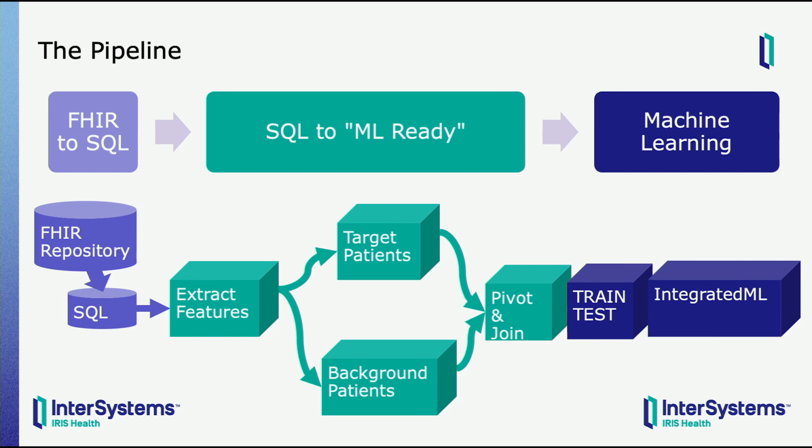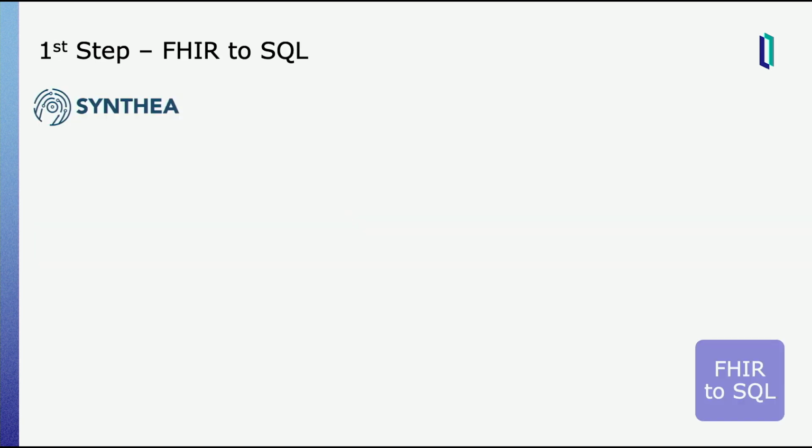And then once it's pivoted and joined into one format, you can split it into training and test subsets, which is a critical part of machine learning. We do that all within the database. And then run IntegratedML, with which you train a model, and then you can use the model, but it's all driven in the pipeline. There's no manual step involved here at all.